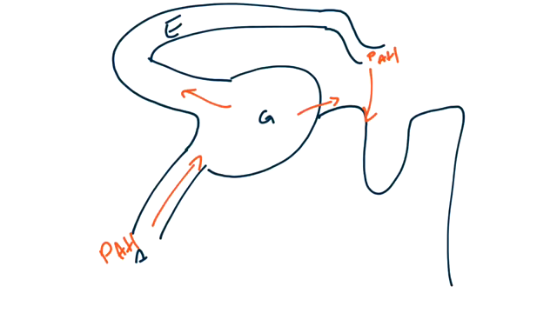In other words, nearly 100% of the PAH that reaches the kidneys is either filtered or secreted and then lost in the urine, which is why the clearance of PAH is a good marker for renal plasma flow. Let's do an example. How does the concentration of PAH change as it is filtered and passes through the nephron?